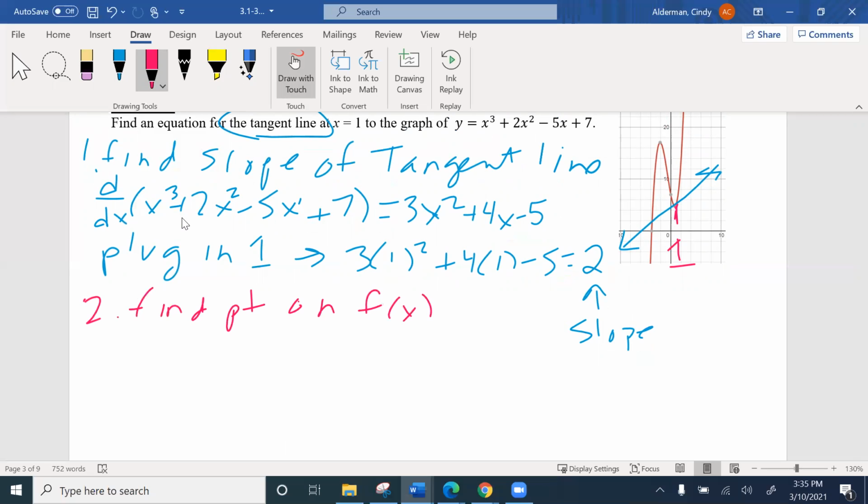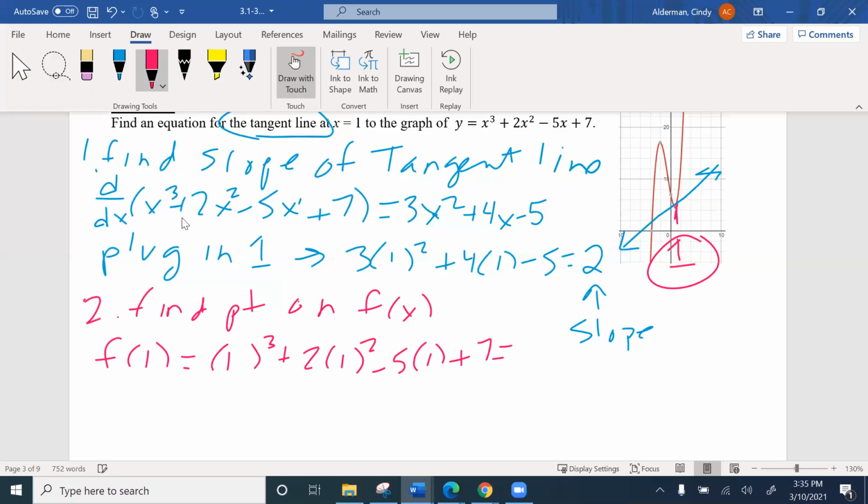What we're going to do is find f of 1, since that's what we're interested in, right? So for f of 1, you put 1 everywhere you see x in the original function. So we have 1 cubed plus 2 times 1 squared minus 5 times 1 plus 7. And when you do that, you get 5. So we can say that f of 1 equals 5.